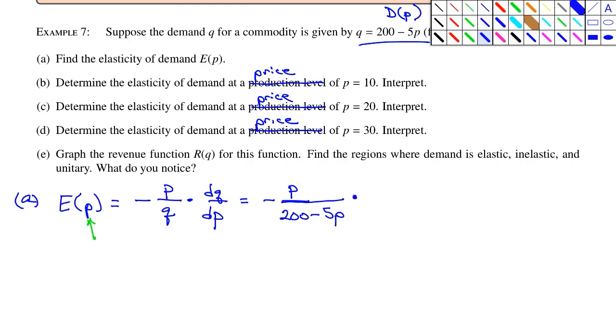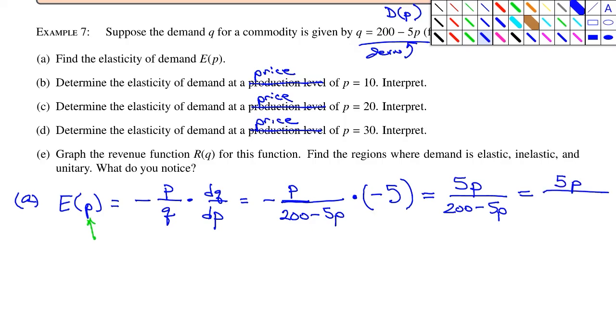Times the derivative of this function. Well, the derivative of that function with respect to P is just negative 5. And so two negatives multiplied together give me a positive. 5 times P is 5P over 200 minus 5P. And then I can factor out a 5 from the bottom.